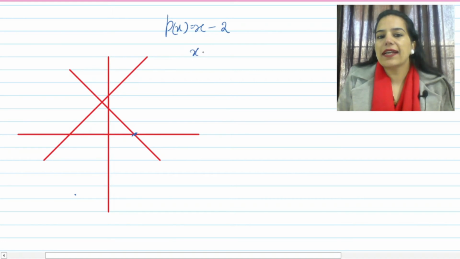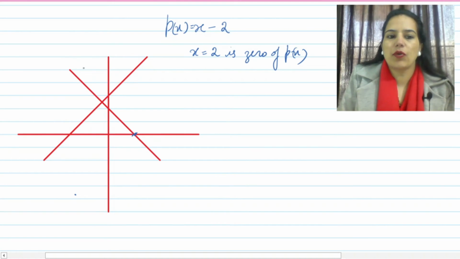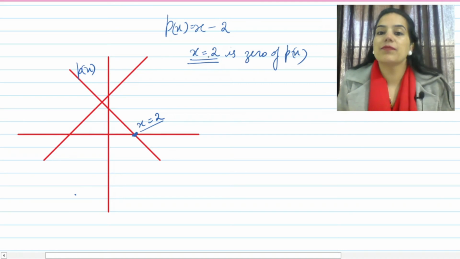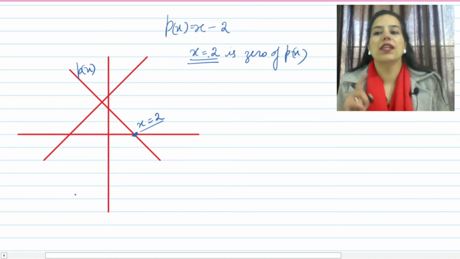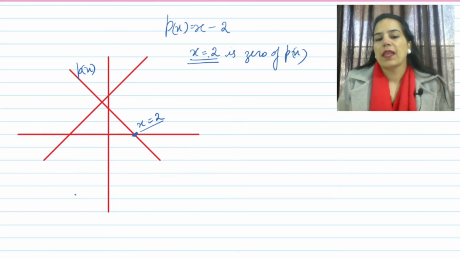So x equals to 2 is the zero of p(x), and this is where I plotted it. So this point will be x equals to 2. The zero tells that this is the point where the graph or the line is touching the x-axis.